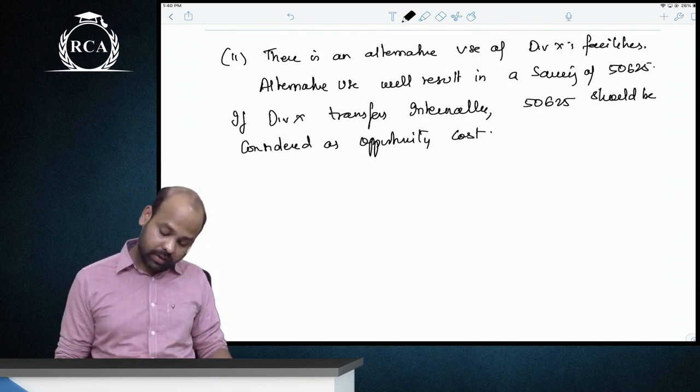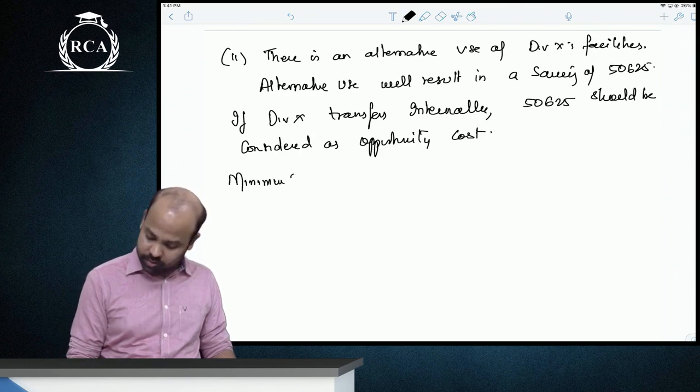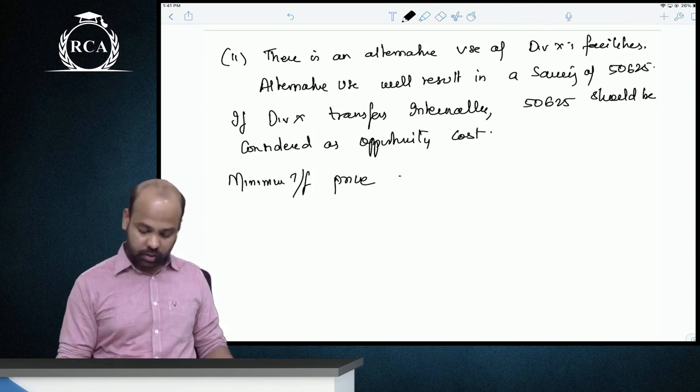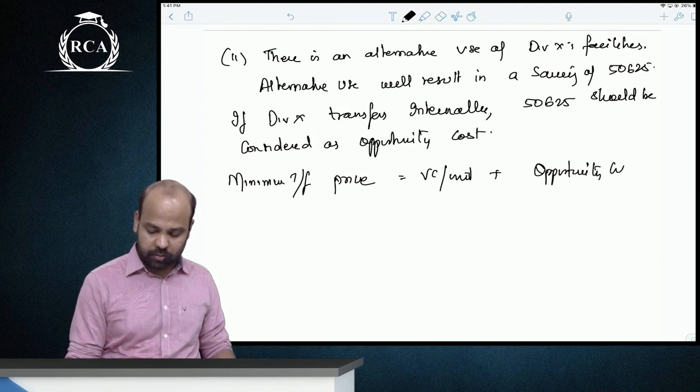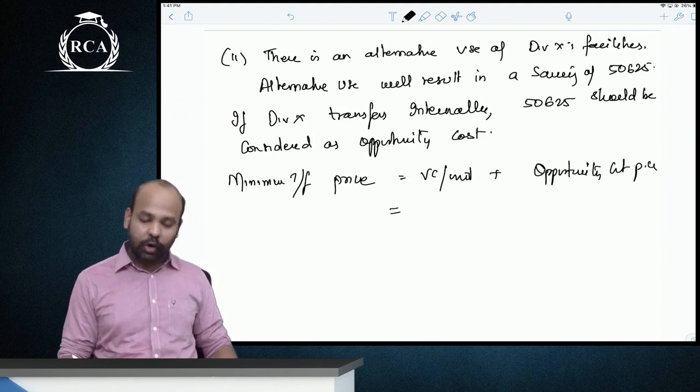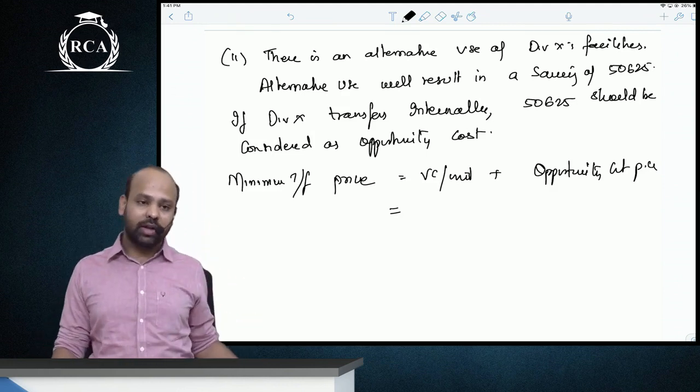What will that be now? Your minimum transfer price would be variable cost per unit plus opportunity cost per unit. That is additional outlay per unit plus opportunity cost per unit, if you want to use the exact wording that ICAI uses.